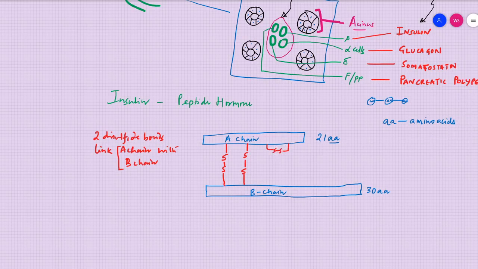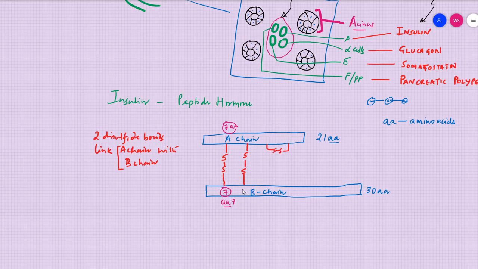So if you look at the specifics, it is between the 7th amino acid, B7, amino acid 7 of B chain and the 7th amino acid of the A chain, and that's the first disulfide bond.